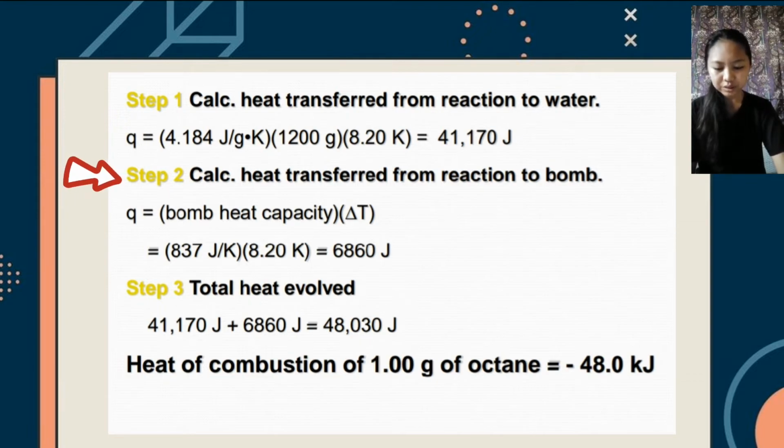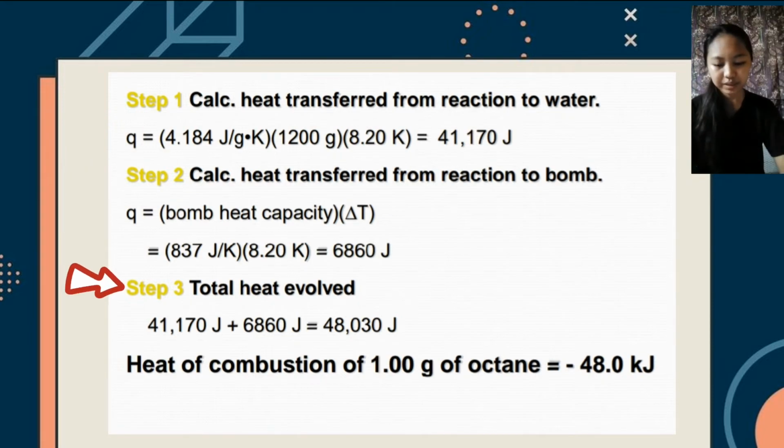Heat exchange is equal to 837 joules per Kelvin times 8.20 Kelvin, which is equal to 6,860 joules. Step 3: total heat evolved. 41,170 joules plus 6,860 joules is equal to 48,030 joules. Heat of combustion of 1.00 grams of octane is equal to negative 48.06 joules.